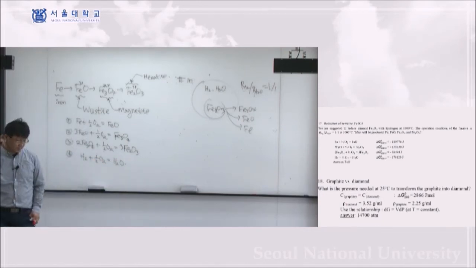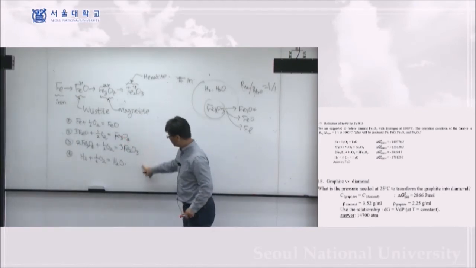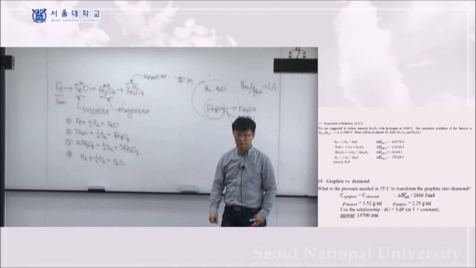Okay, so we have these. And we know the delta G naught for each of these chemical reactions.